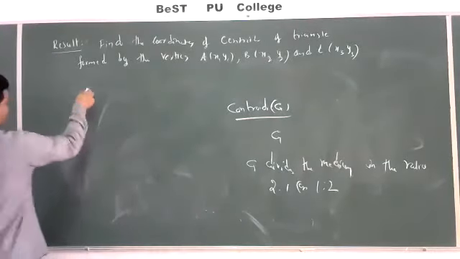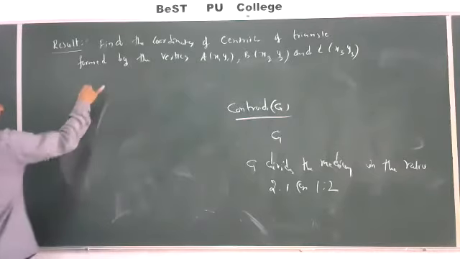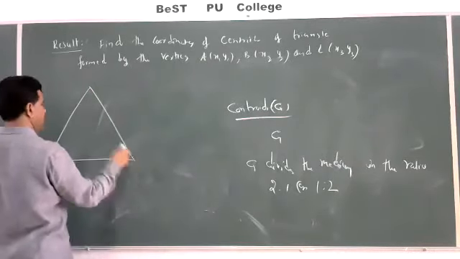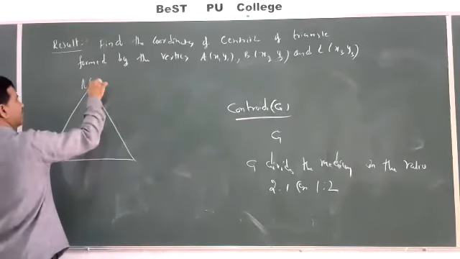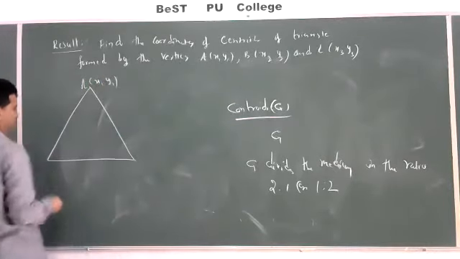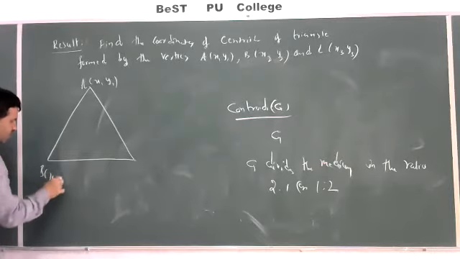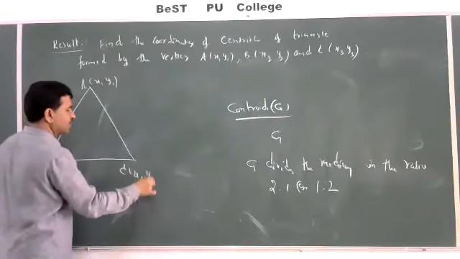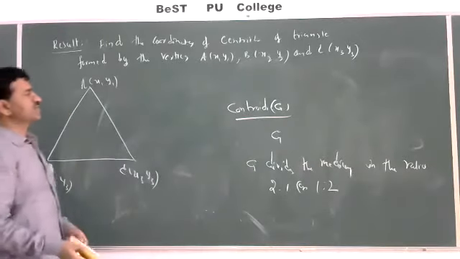Find the centroid of the triangle formed by the vertices A(x1, y1), B(x2, y2) and C(x3, y3). Find the coordinates of the centroid.